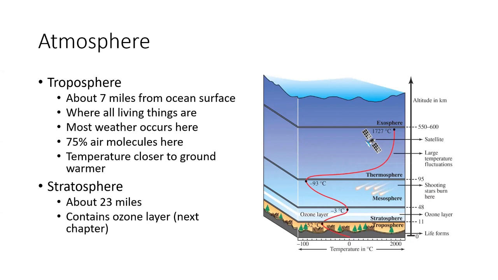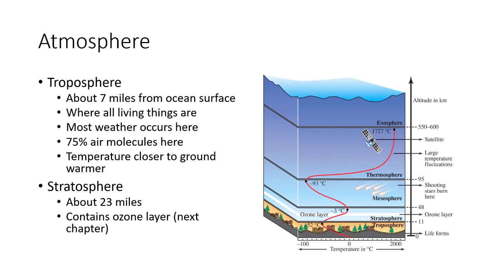So just the moon, Pluto, galaxies far, far away. Okay, so the most important things we want to remember is where is the ozone layer and where are we? All living things, all of us, all the stuff we do, that's in the troposphere, and then the ozone layer is in the stratosphere.